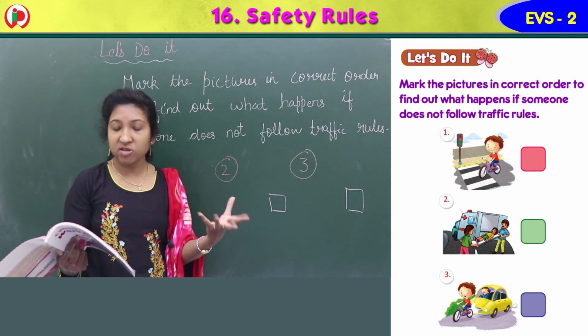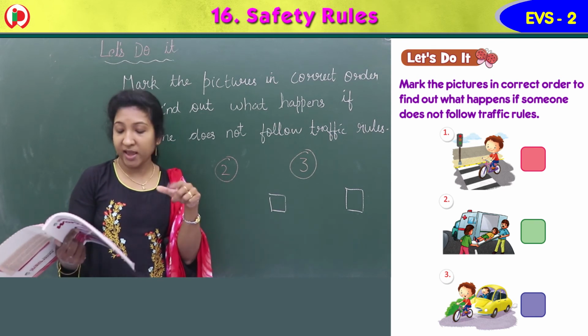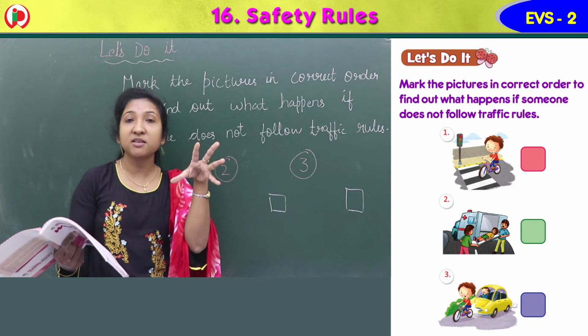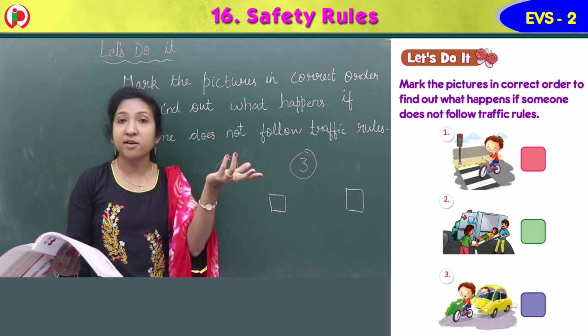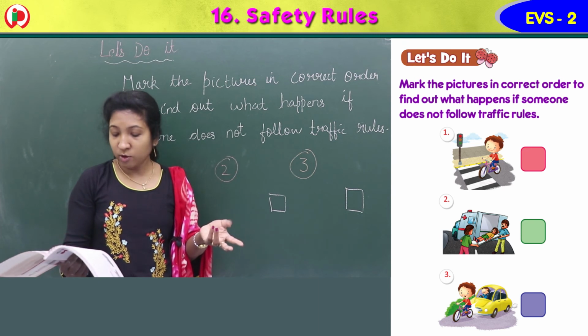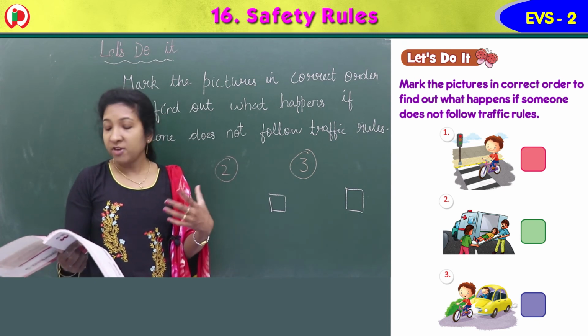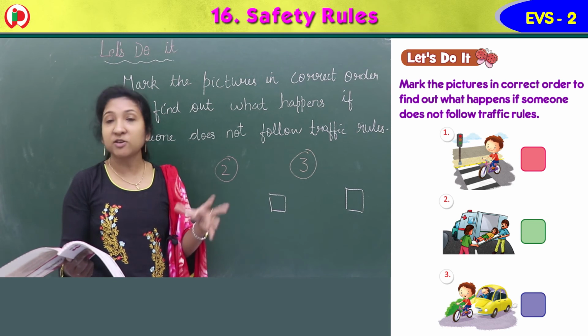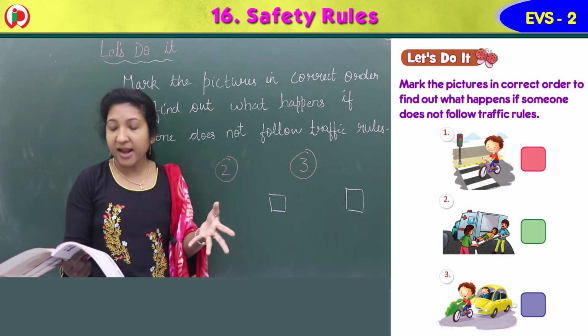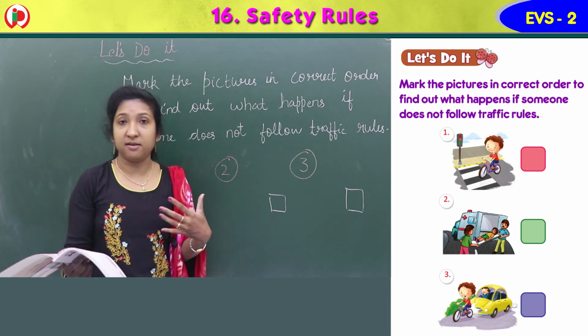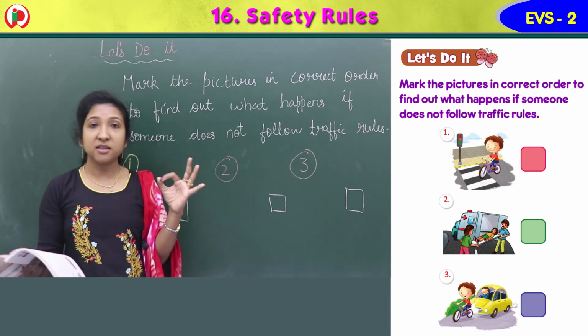On that vehicle, you can see a cross. That is the ambulance vehicle where we take sick people or injured people to the hospital. Now third image, we can see a person is driving a car, and in front of the car, the child is riding the cycle. So 3 images are there.